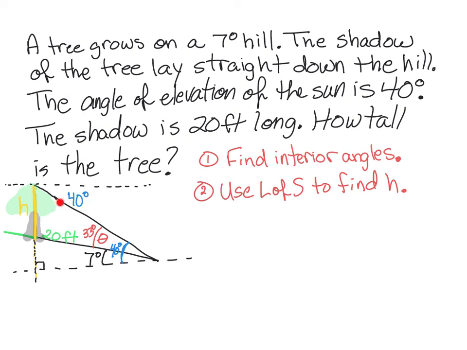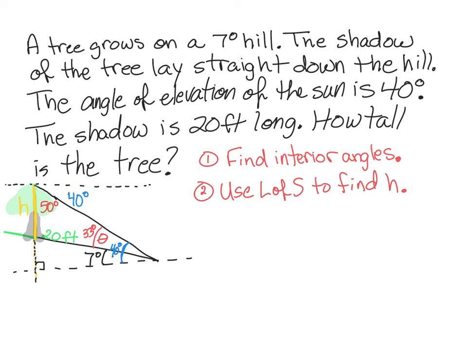If this is 40, then this is 50. Okay, so now we have a side and an opposite angle, and we have an angle and the opposite side is what we're looking for. We can also find this angle, but we don't need it.